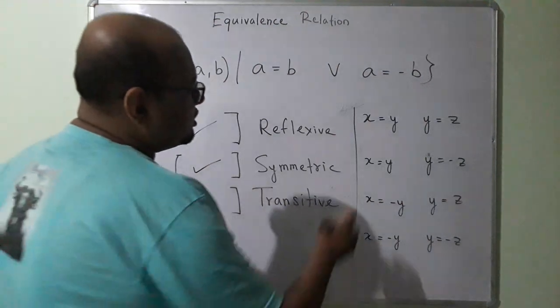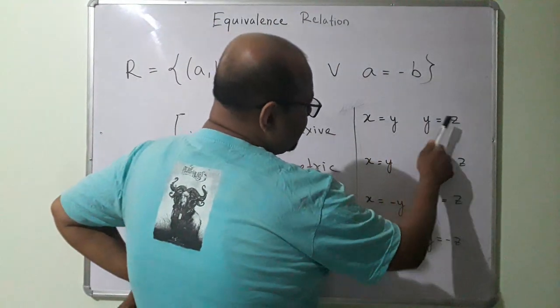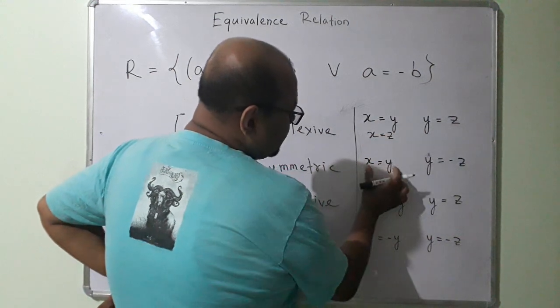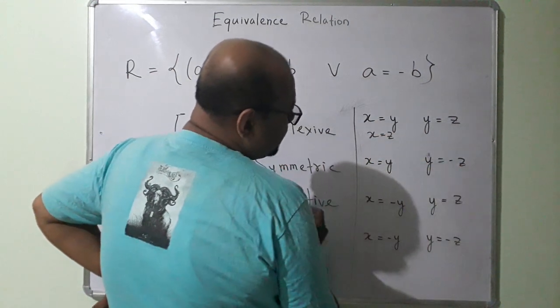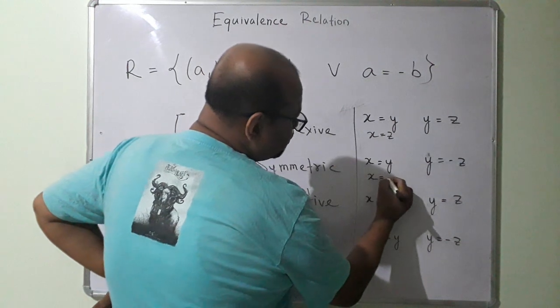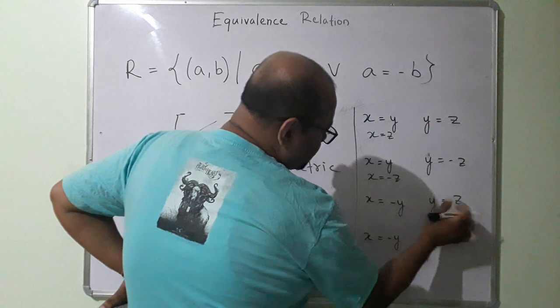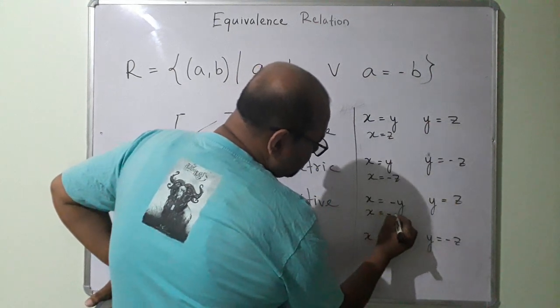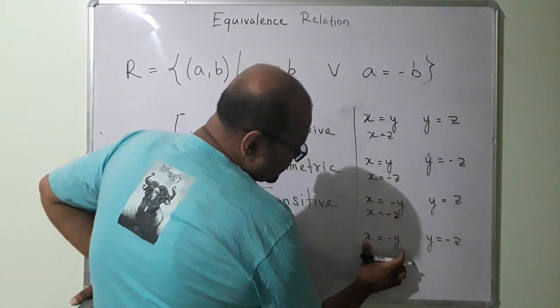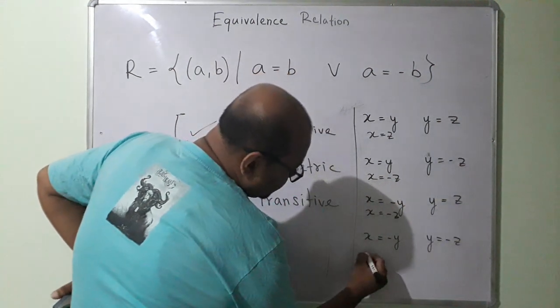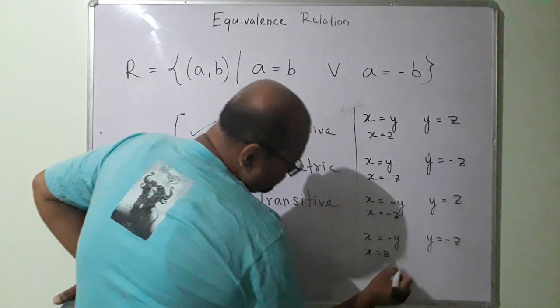Alright. So if x is equal to y and y is equal to z, then x is equal to z. If x is equal to y and y is equal to minus z, then x is equal to minus z. If x is equal to minus y and y is equal to z, then x is equal to minus z. Similarly, if x is equal to minus y and y is equal to minus z, then x is equal to z.